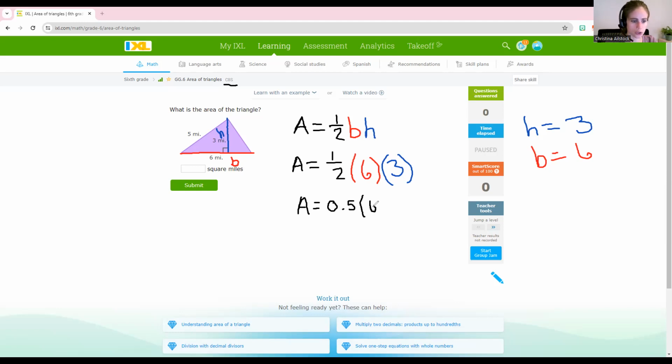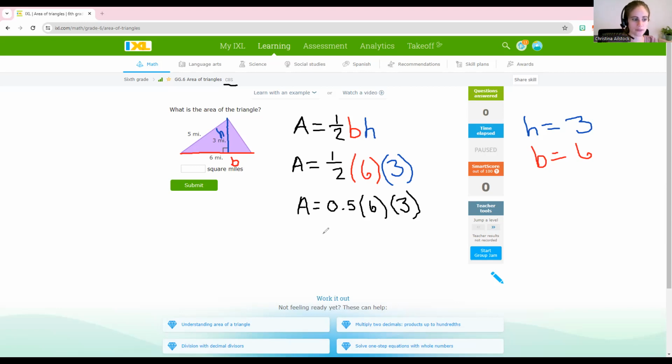So you could choose to rewrite your equation here with the decimal version instead. And now at this point, you can either do it by hand or you can do it using a calculator, but we just got to multiply all the way across. So 0.5 times 6 times 3. And what does that give us?